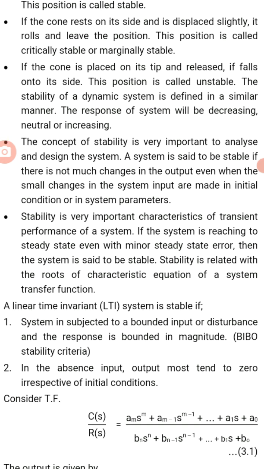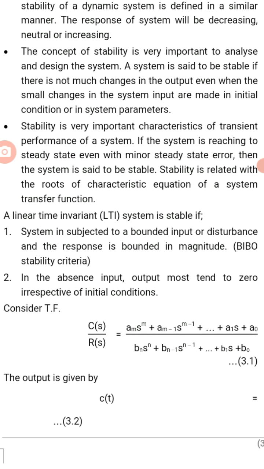That's why it is important to learn the stability of the system. A linear time invariant system is stable if the system is subjected to a bounded input and the corresponding output is bounded. That means bounded input, bounded output, and the system becomes stable.